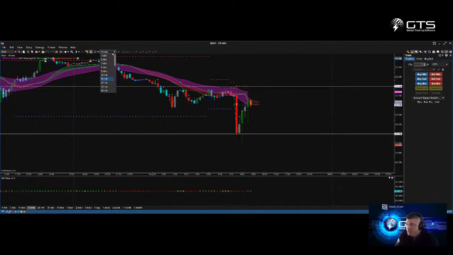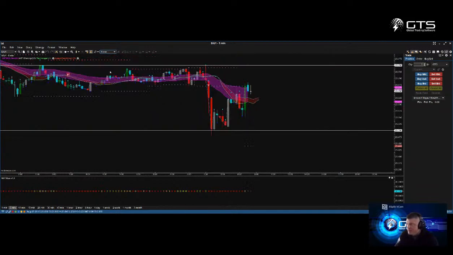So you want to make sure that you have several different things, because yes, you might get a good scalp off of it, but why settle for a scalp when you can turn around and go long or short based on multiple points of confirmation and ride 50 points. I've seen it. Can't say that I've successfully done it for 50 points, but I've seen it.